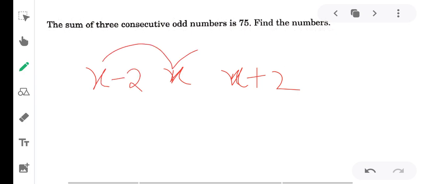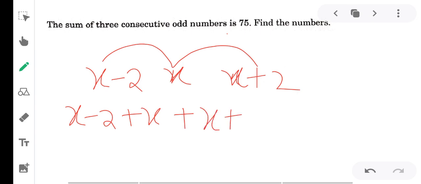So these are the 3 consecutive odd numbers, like 7, 9 and 11. The sum of these 3 consecutive odd numbers is 75. That means x minus 2 plus x plus x plus 2 equal to how much?